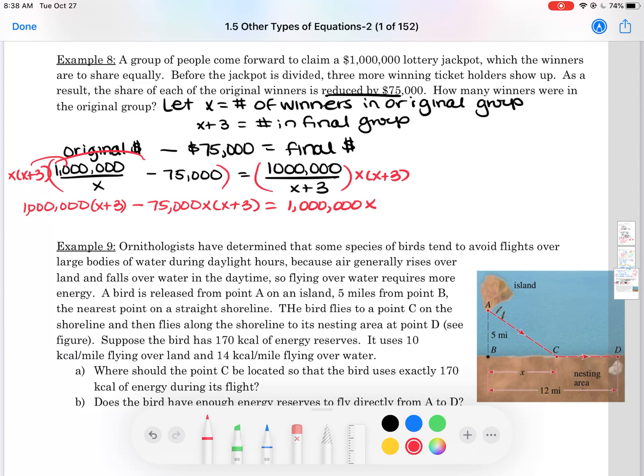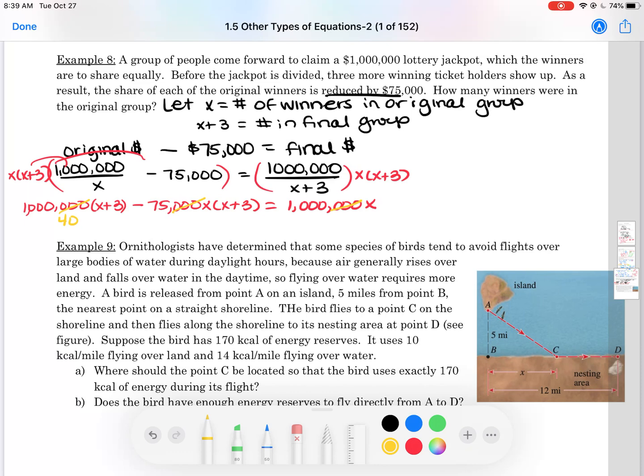Okay. At this point, I could keep distributing, but I do see that everything is going to be divisible by, I think, 25,000, which would make our lives a little bit easier, right? If we divide by the 1,000, that's going to chop off 3 zeros from each of these terms. And they're all still divisible by 25. So let's see. That million divided by 25,000 is going to give us 40.